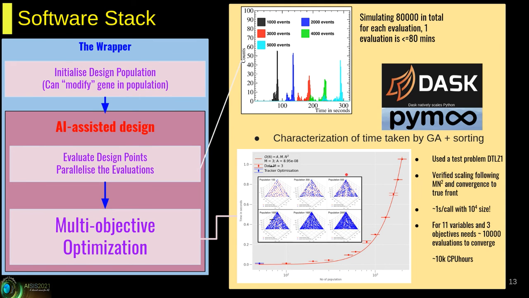To reduce the resource overhead, options like Dask are currently being explored and implemented to exploit the JLab allocated resources for EIC to the fullest. Also, the framework can be switched with ease to other MO optimizers like MOBO, which stands for Multi Objective Bayesian Optimizer, like BoTorch for optimization.